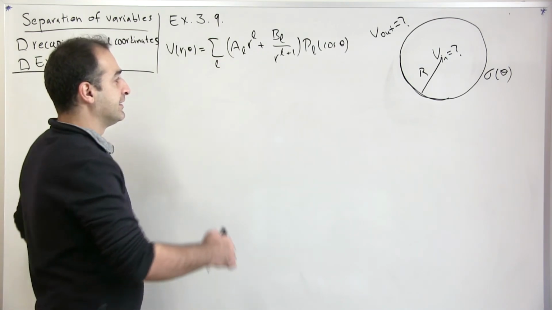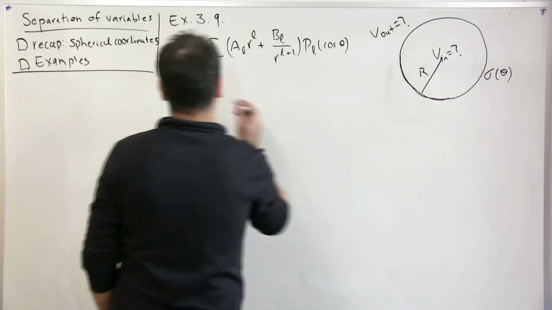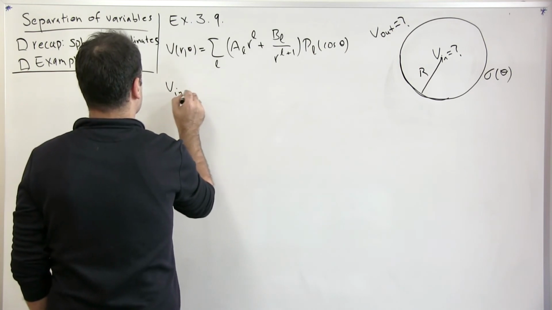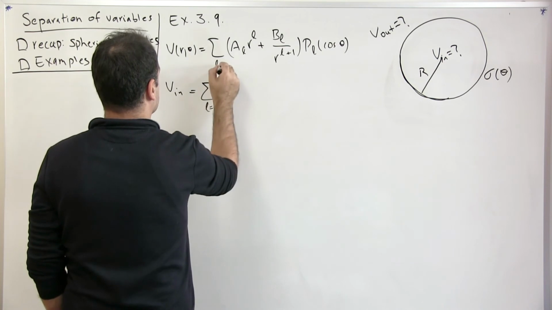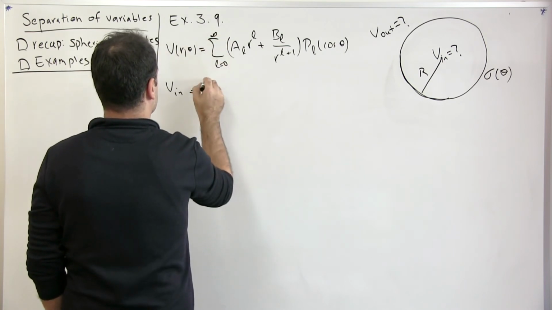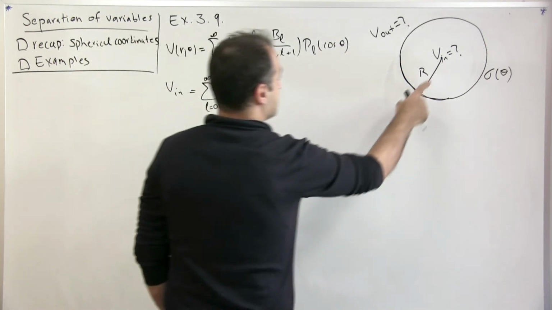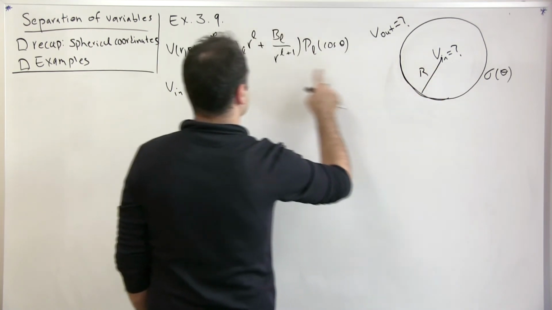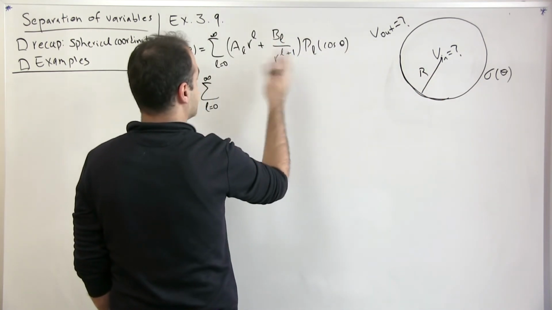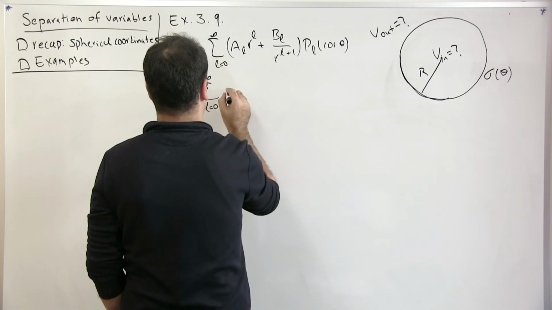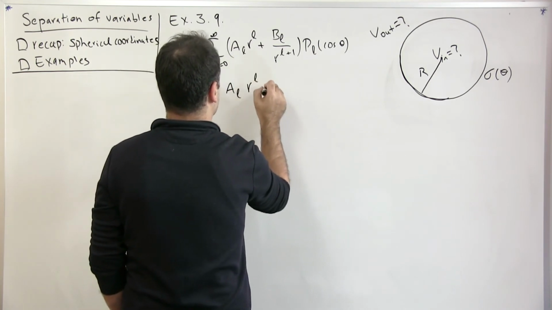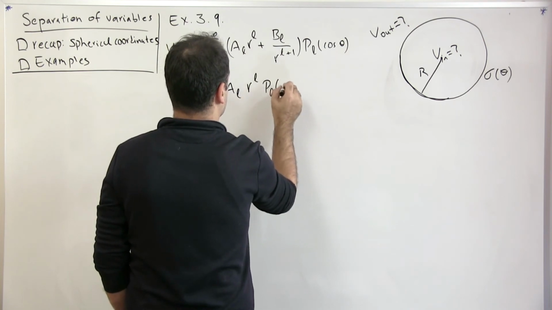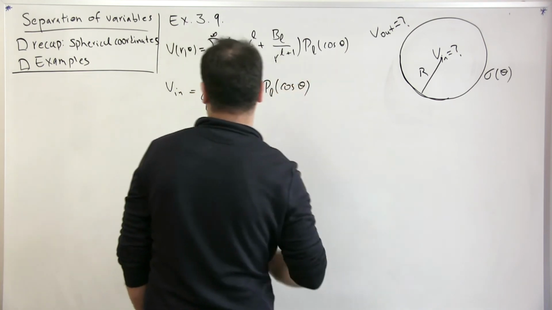Now the general form for the inside potential, V in, should be the sum over L from 0 to infinity. Inside, R goes to 0, so we don't need the second term because that makes the potential go to infinity. I keep it the same way: A_L, R to the L, P_L of cosine theta.